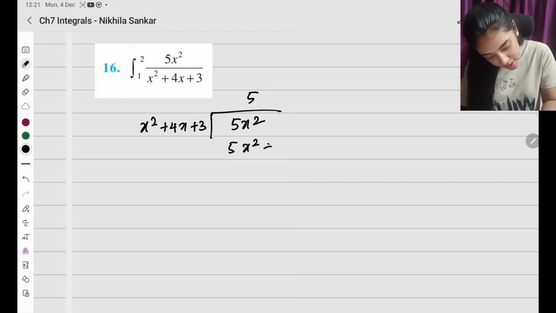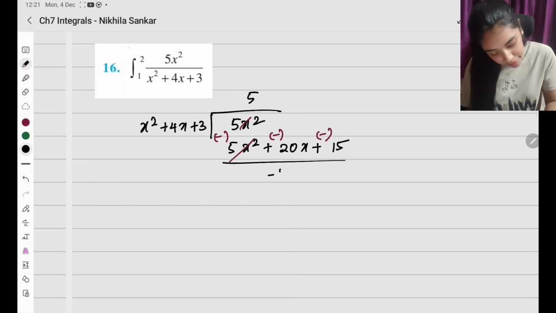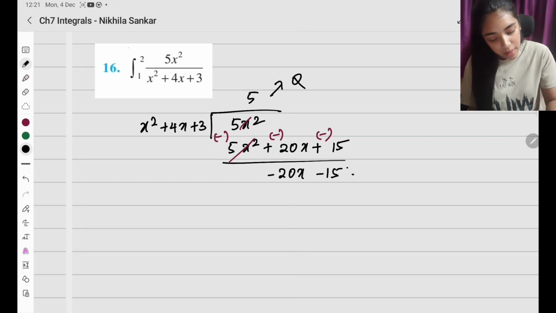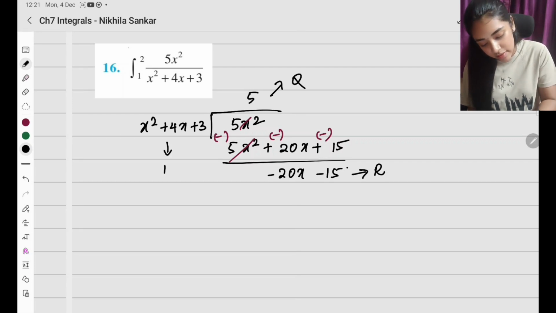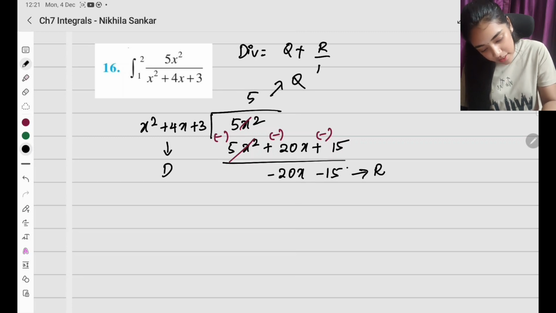So I have 5x square plus 5 fours are 20x plus 15. Now I need to subtract, only then will it cancel. So this gets cancelled. I'm left with minus 20x minus 15. So dividend equals quotient plus remainder divided by divisor.